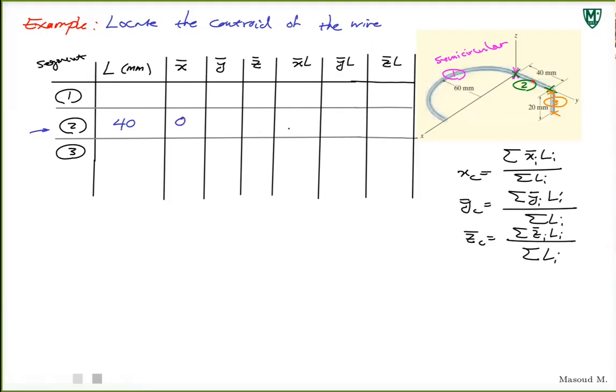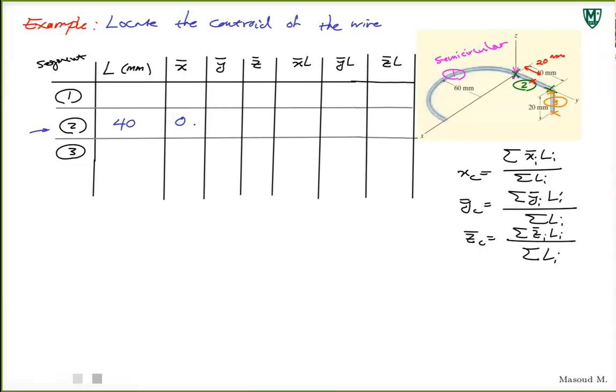Y bar. What is the Y bar for segment 2? What is the Y component of the centroid of this wire segment? It's a straight wire. So if you look at the y-axis here, this red spot is in the middle, located at 20 millimeters from the origin.